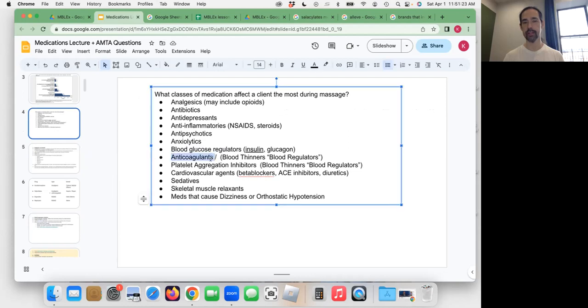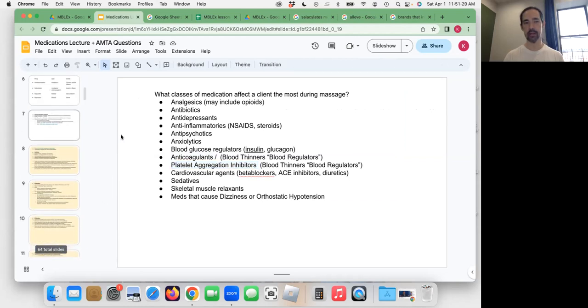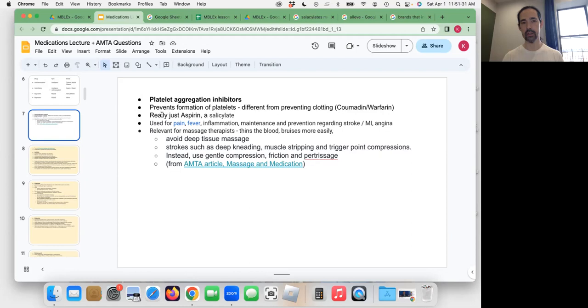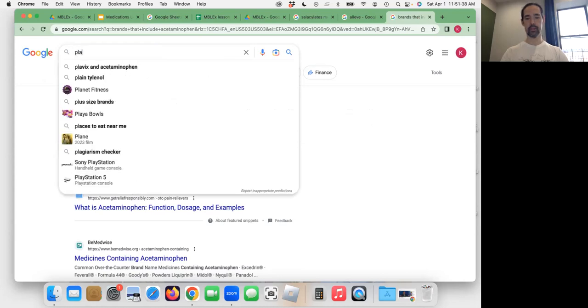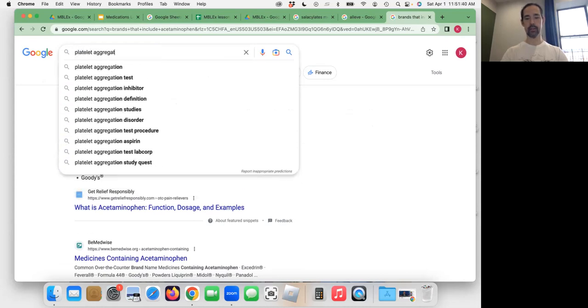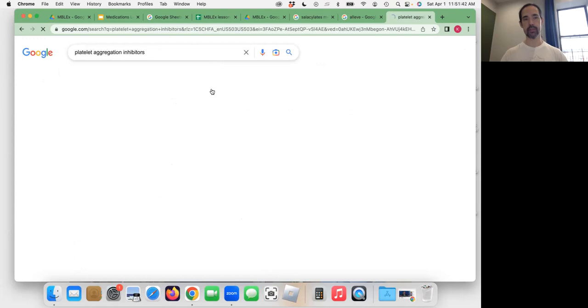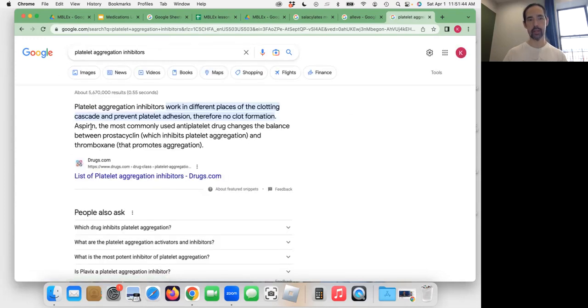Coumadin and warfarin are anticoagulants. Aspirin is a platelet aggregation inhibitor. There must be other types of platelet aggregation inhibitors. Let's see. So aspirin is a salicylate. I don't believe that it's the only one. Platelet aggregation inhibitors. Yeah, aspirin is the most commonly used.